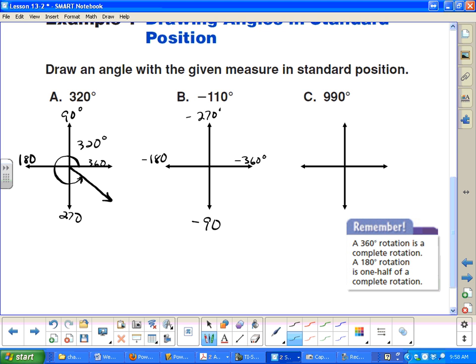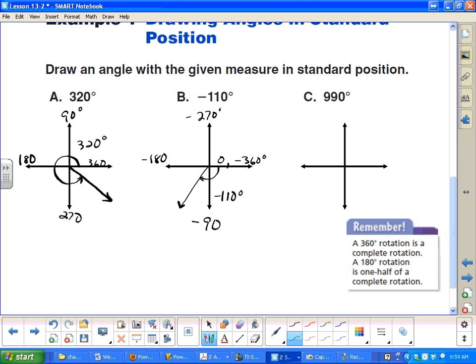We'll talk about something called coterminal angles, which is part of the reason why those match up: positive 90, negative 270, positive 270, negative 90. So for a negative 110-degree angle, this is 0 or negative 360, and 110 is a little bit more than 90 degrees. So we'll go a little bit past the 90, and that would represent negative 110 degrees.